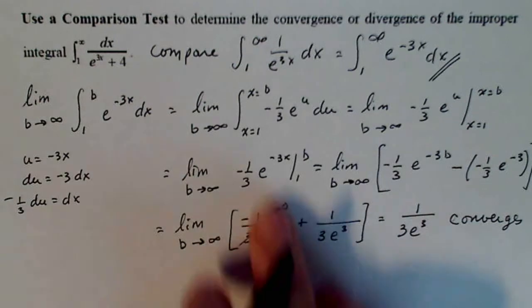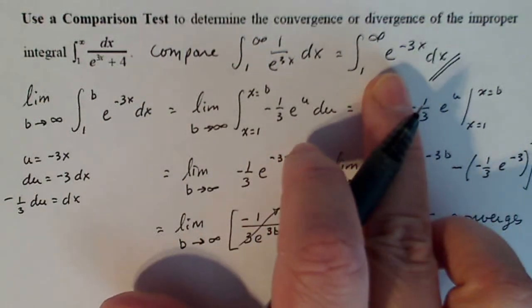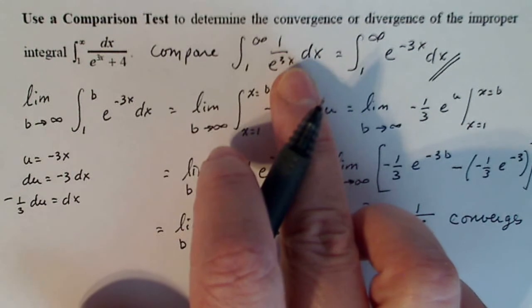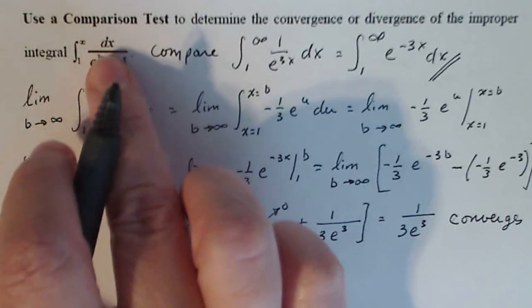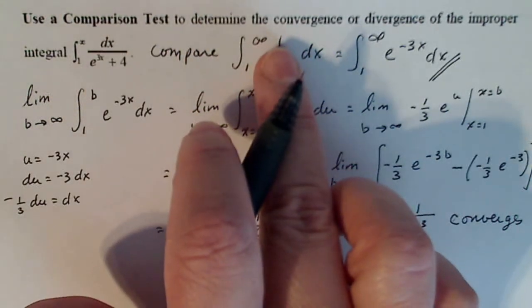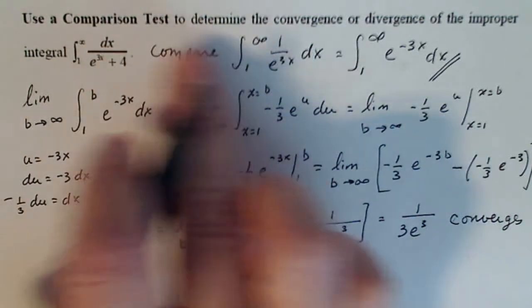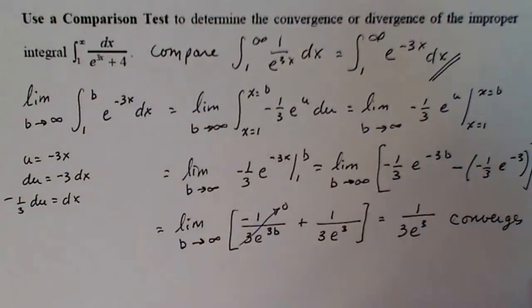Now, if this integral converges, then that integral converges, if this integrand can be shown to be smaller than this integrand, thus this integral being smaller than this integral. Then we know we can prove convergence.